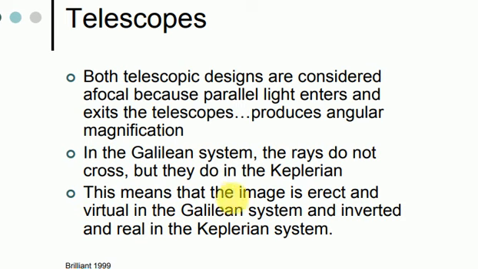So this means that the image is erect and virtual in the Galilean system, and inverted and real in the Keplerian system. In Galilean, the rays do not cross, so the image is erect and virtual. And in Keplerian, the rays cross, so the image is inverted and real.